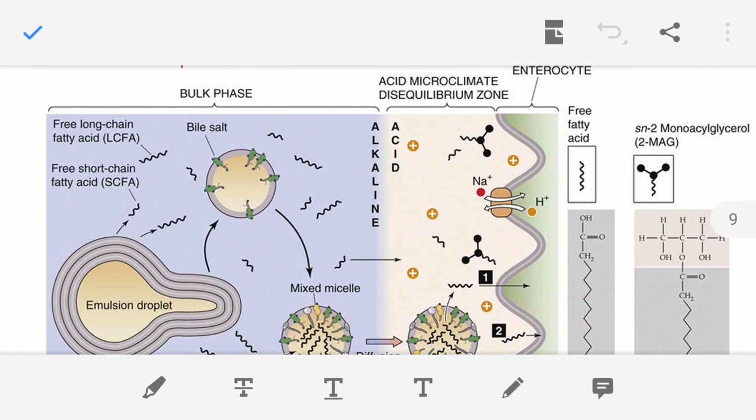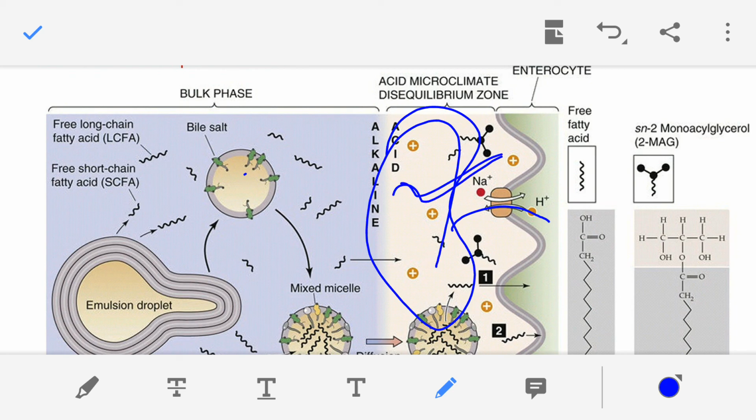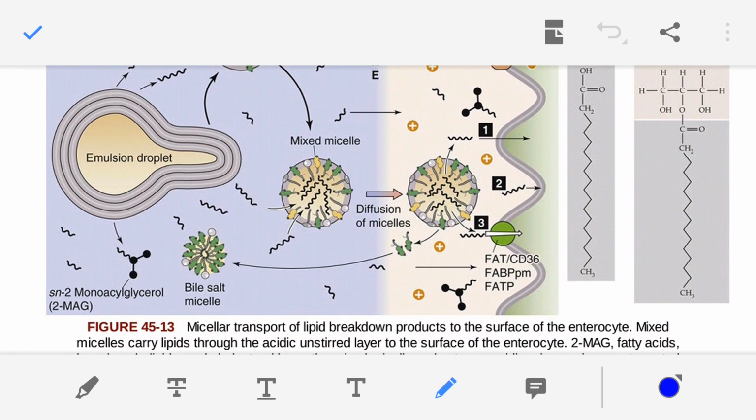As the H+ ions are coming out, this lumen becomes acidic, and this acidic environment favors the lipid product being released out from the micelle, and this lipid digestion product can now enter into the cytoplasm of the enterocyte cell.